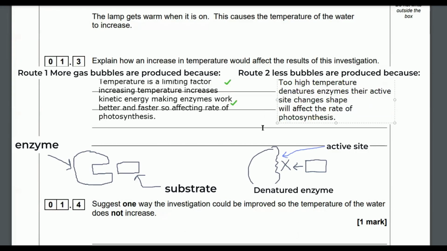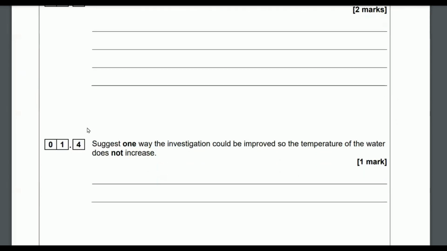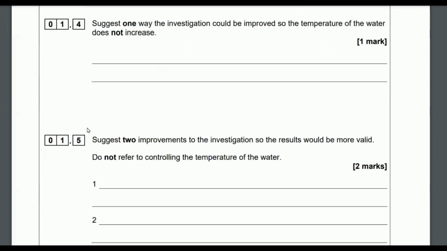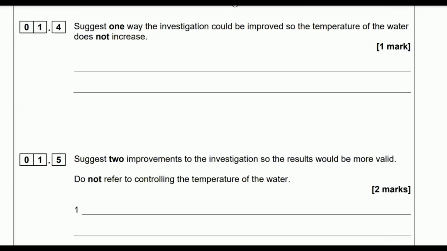So I'm just explaining what denaturing is, that temperature is linked to the denaturing of enzymes, what that means, and that will affect the rate of photosynthesis. So obviously, if the active site changes shape, it can no longer bind with the substrate, and that is going to basically kibosh the photosynthesis. Enzymes actually, interestingly, control every biological reaction. So there isn't a reaction in your body that's happening that isn't linked with enzymes.